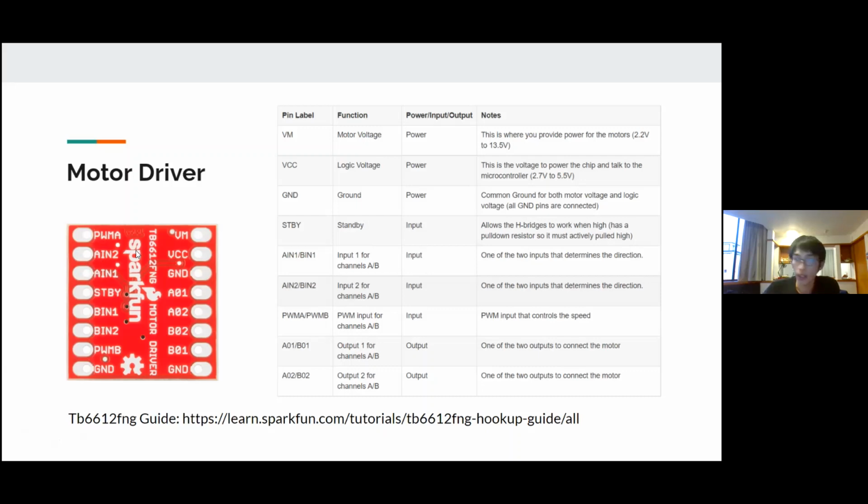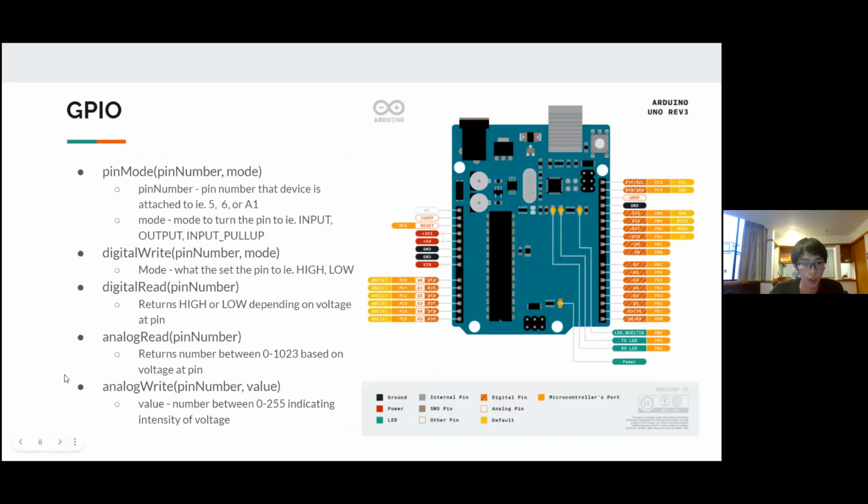So A in 1, A in 2, what they do is, actually, let's talk about PWMA first. That's controlling how much power goes into your motor. For example, if the full voltage is 5, that is when you put 255 for the PWMA, and the reason for it being 255 is because that's the maximum value for analog write.